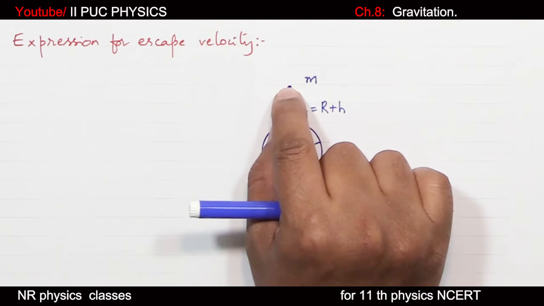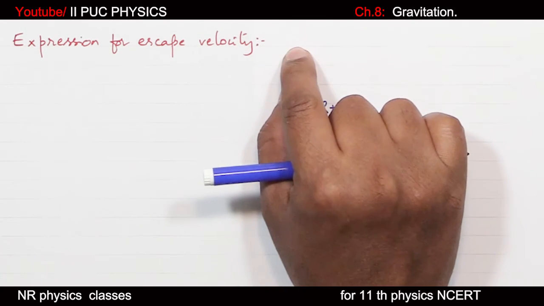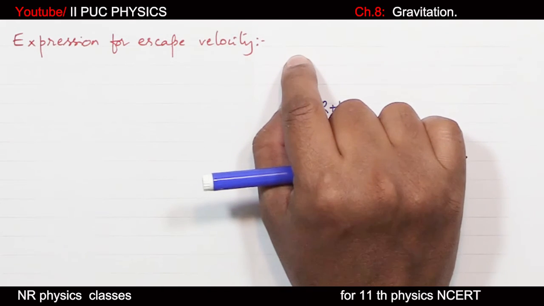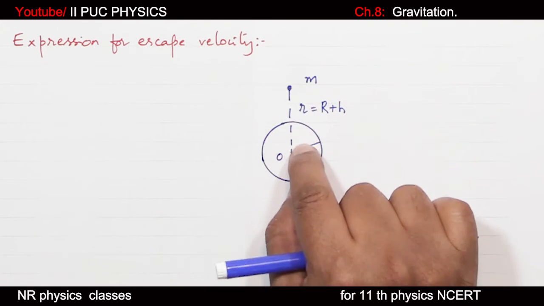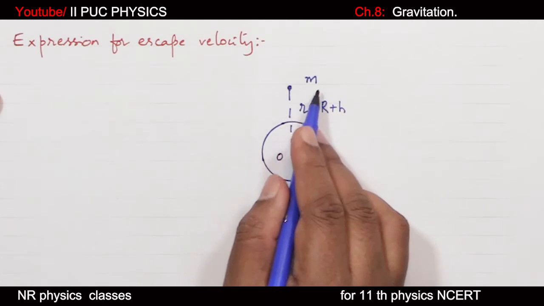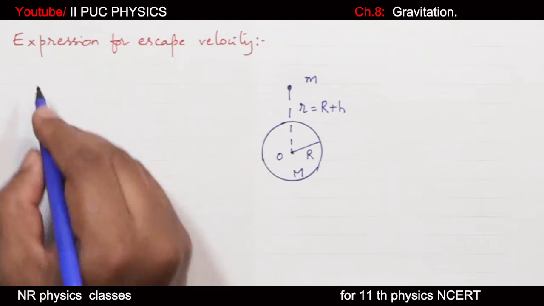So by some means we have to throw this out. So we have to give kinetic energy, and that kinetic energy should be at least equal to the potential energy of the system. So let me write a few statements for this.